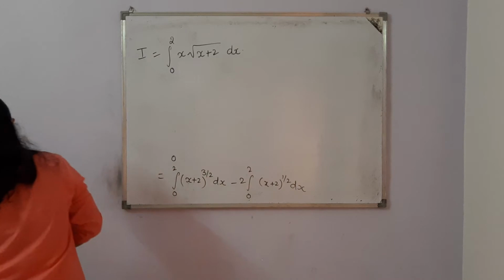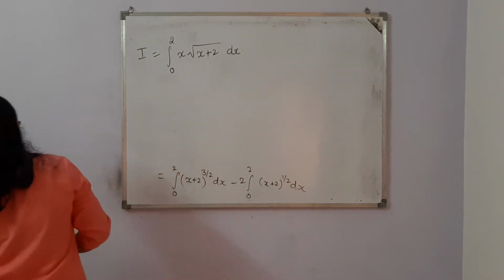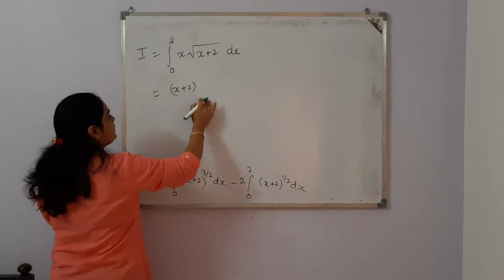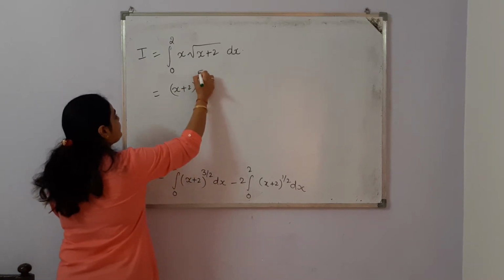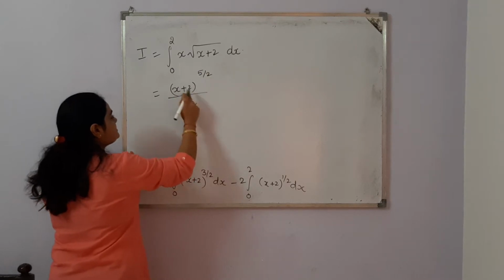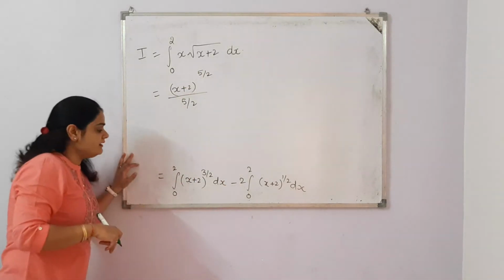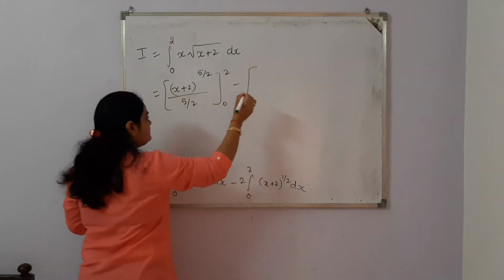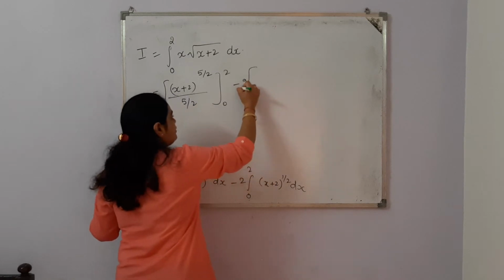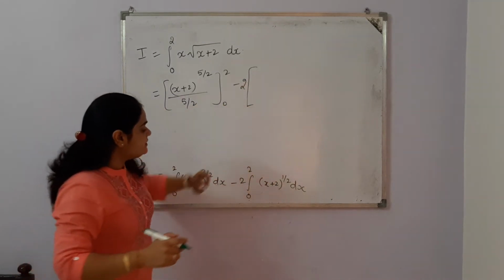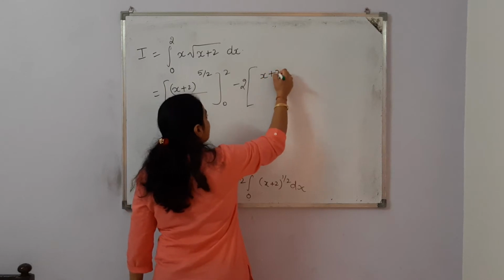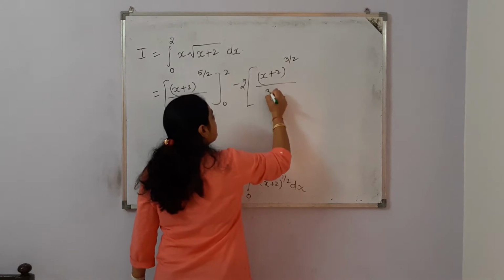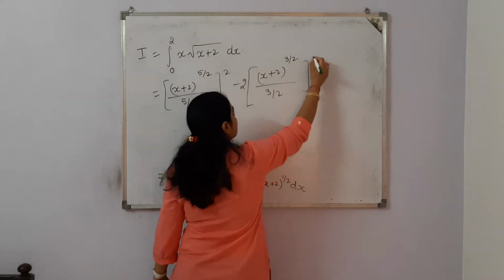Now it is x plus 2 raised to 3 by 2 plus 1, which is 5 by 2, whole upon 5 by 2, which is x raised to power n plus 1 upon n plus 1, and its limits are 0 to 2, minus 2, which is already out, so I am writing 2 as it is, x plus 2 raised to power 1 by 2 plus 1, which is 3 by 2, again upon 3 by 2, and the limits are 0 to 2.